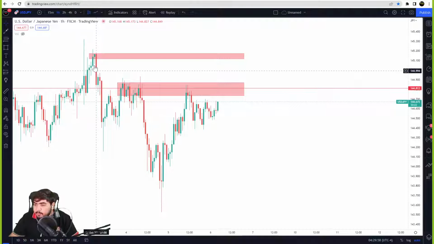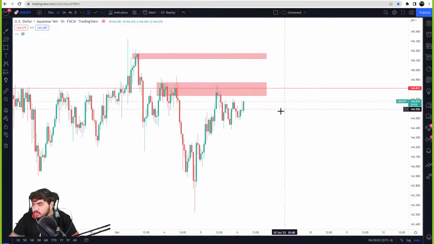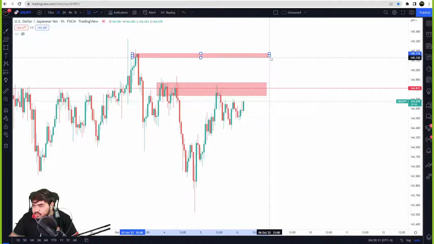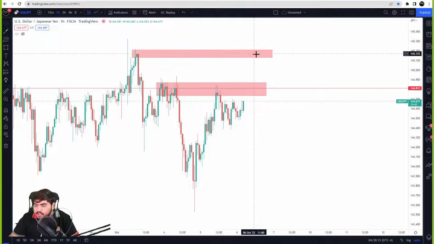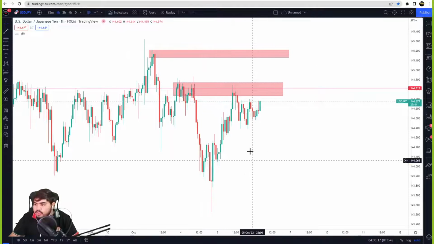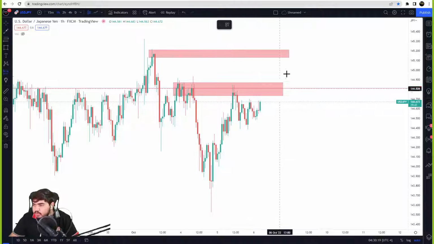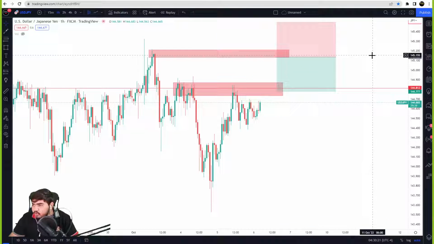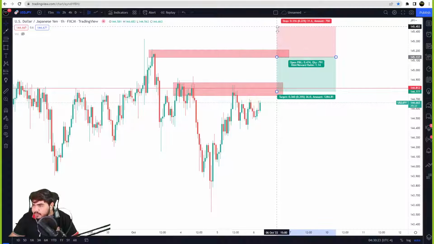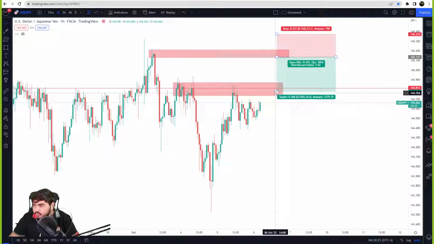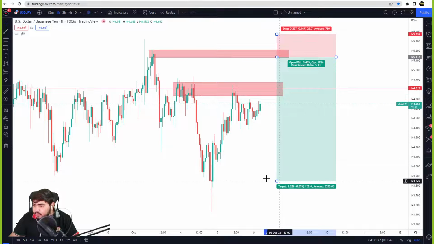We have an imbalance, we have this order block area, and overall we are bearish because the market has already traded off of this level. So this would be a key level of resistance if the price pushes higher. I would be interested in selling opportunities on the USD JPY around this area. That is going to be our selling zone on the USD JPY.